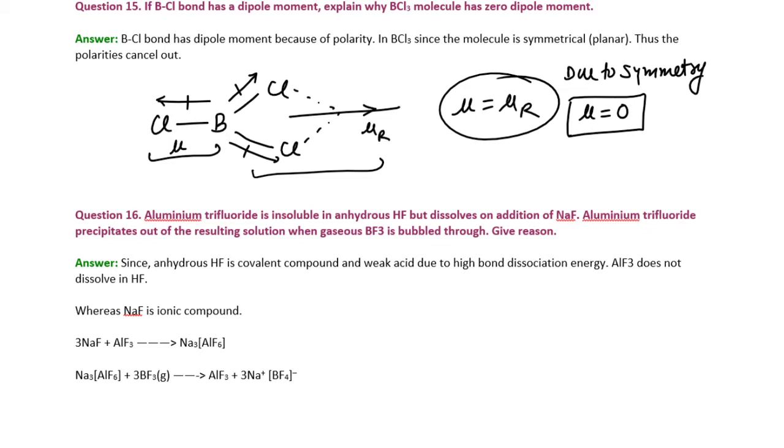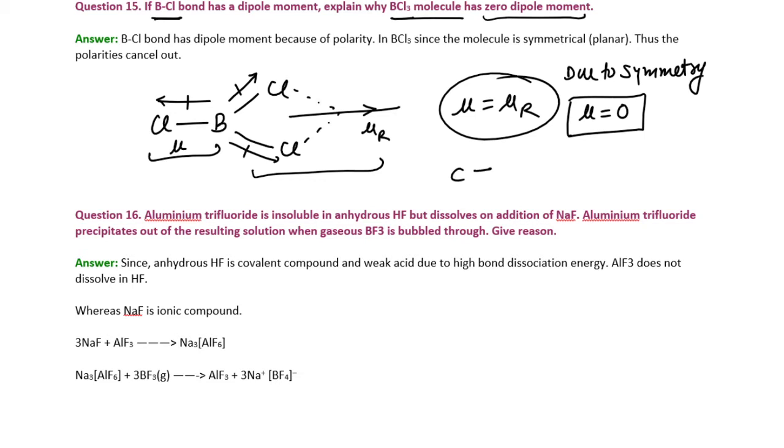So polarities cancel out each other exactly, they are equal and in opposite direction. That's why though the BCl bond is polar, the BCl3 molecule as a whole has zero dipole moment due to the vector sum of dipole moments, right.